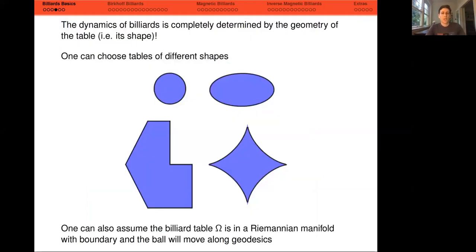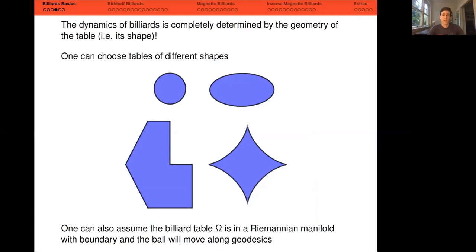And the thing that we notice is that, at least in terms of the previous picture, the dynamics is very much determined by the shape of the boundary. So if we have simple shapes like a circle or an ellipse, we can see what happens there, or we can have billiard tables that are polygonal, not necessarily convex.